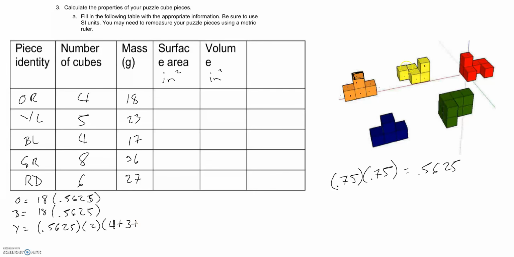Plus, from the top, there's 1, 2, 3, 4. So 4 plus 4 is 8, 8 plus 3 is 11, 11 times 2 is 22. And Y is going to be equal to 0.5625 times 22.